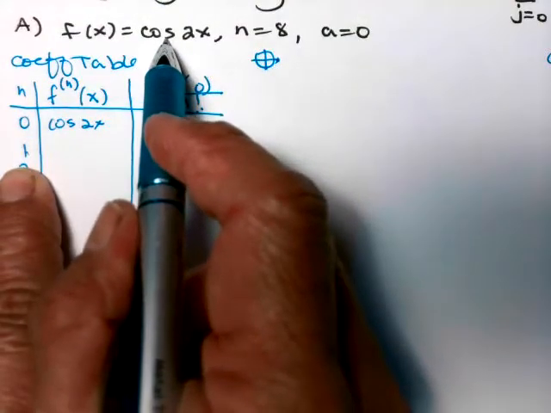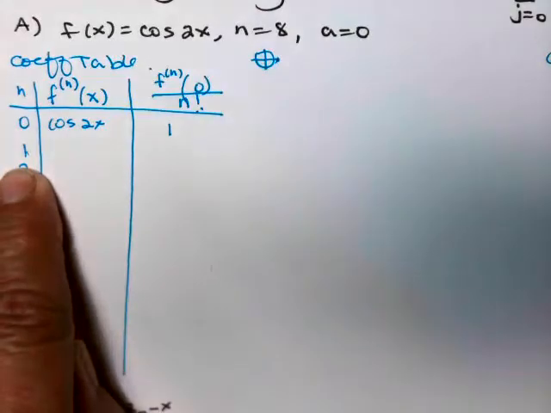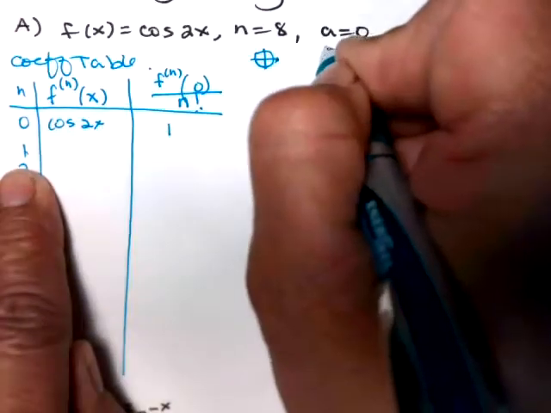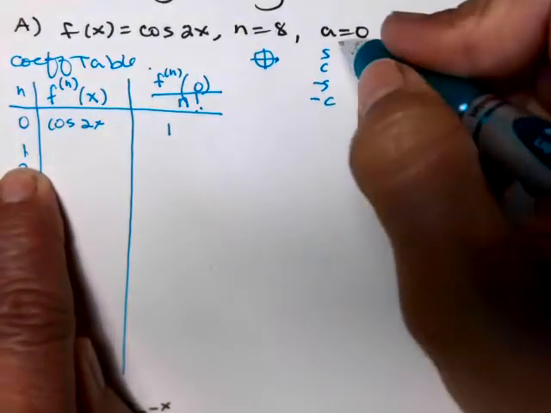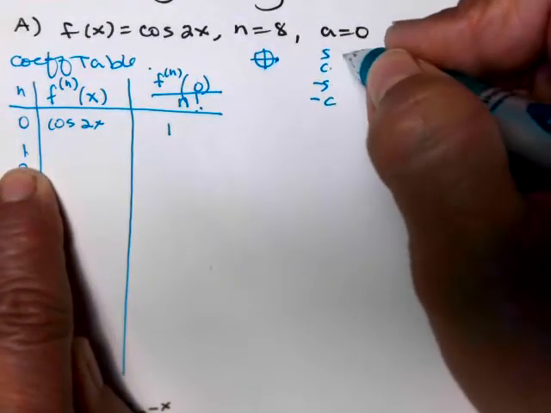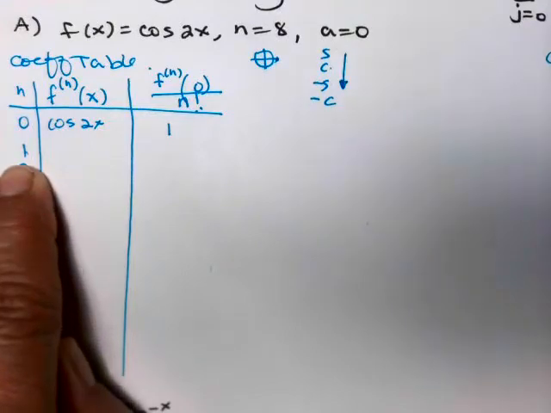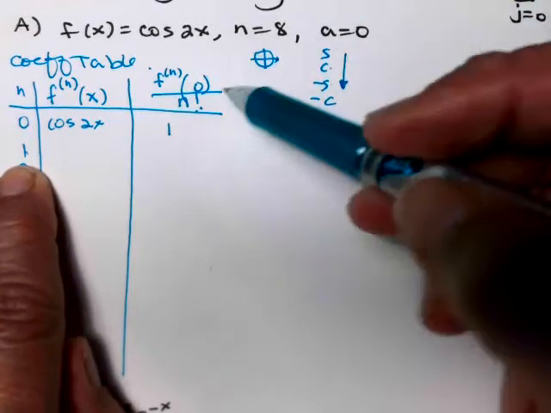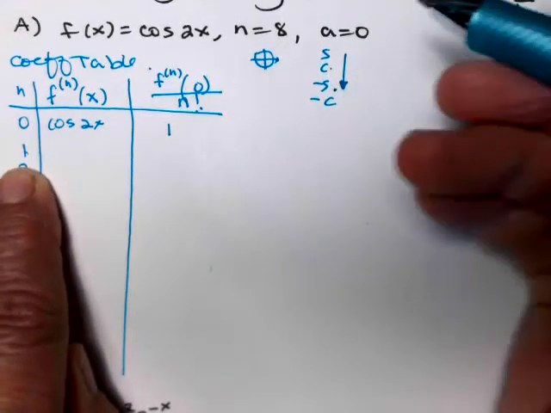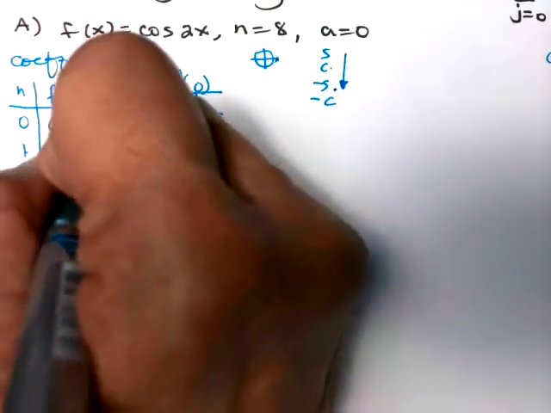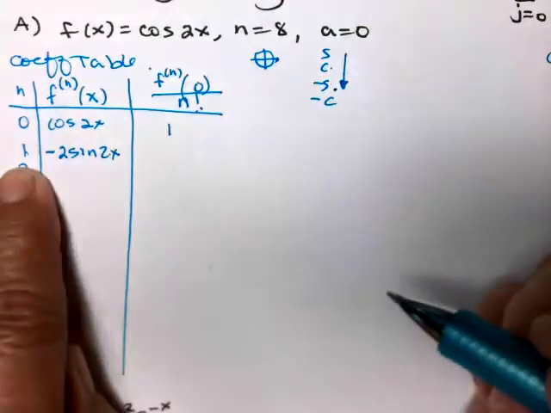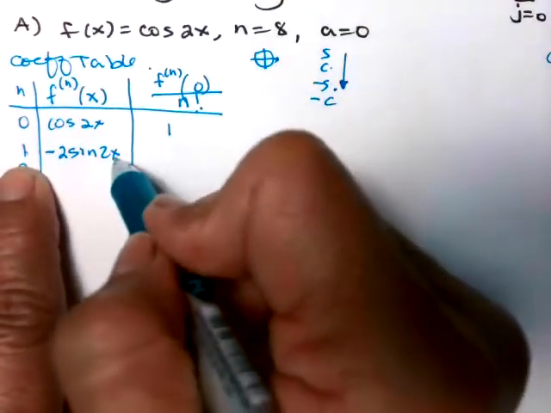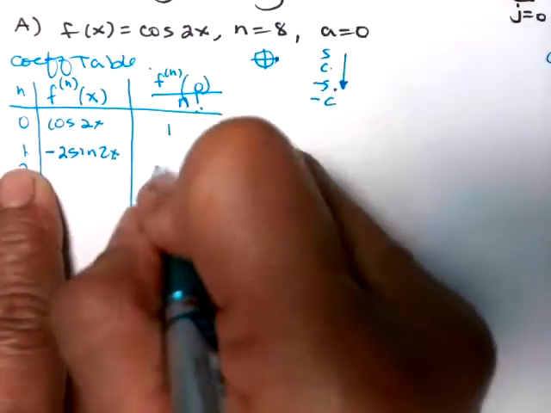So the derivative of cosine, let me use my little cheat sheet: sine, cosine, negative sine, negative cosine. Going down is differentiating. So the derivative of cosine is negative sine. So I'll have negative sine 2x, but then chain rule, so times 2. At x equals 0, sine of 0 is 0. So that one's just 0.